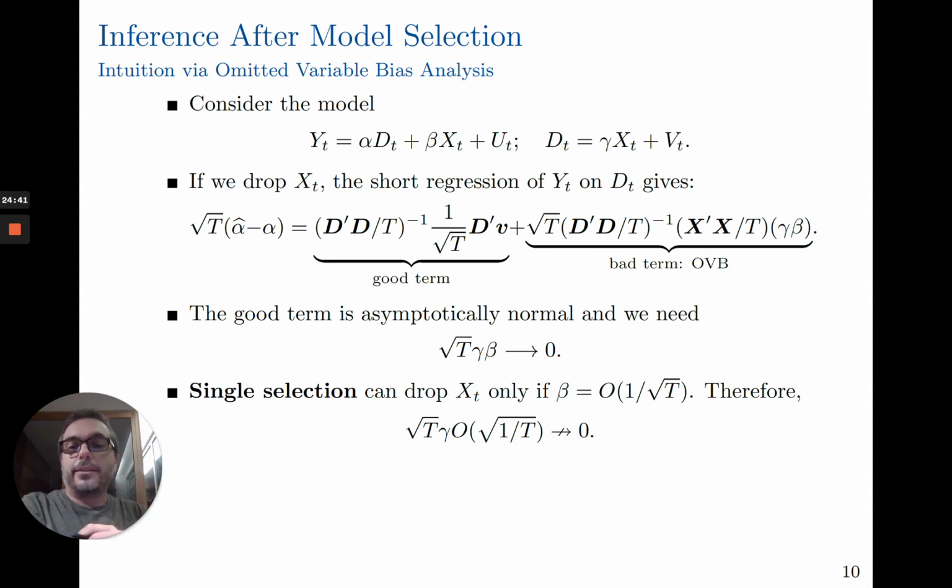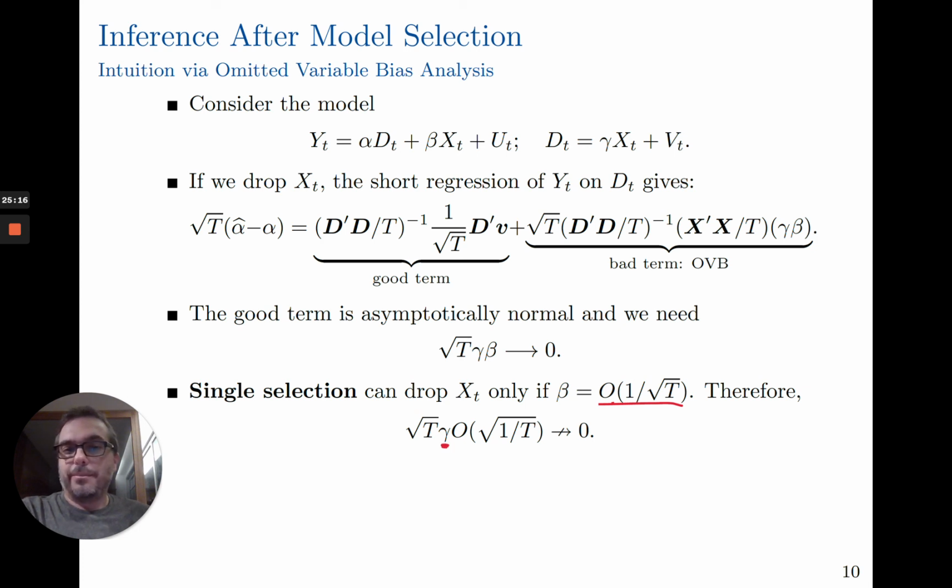So what happens is that a single selection method will drop x from the equation if beta is of the order 1 over square root t. If beta is of the order 1 over square root t, it will drop x from the equation, so we are going to have this bad term here, no matter the order of gamma.